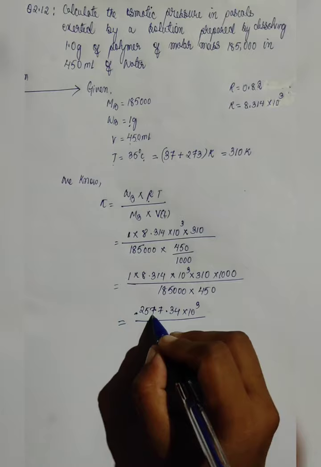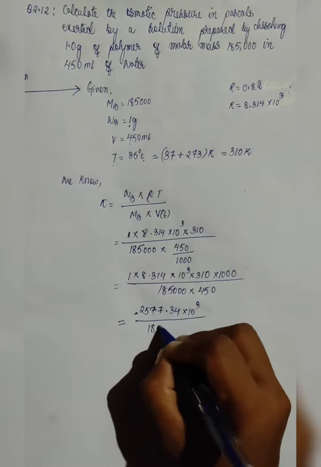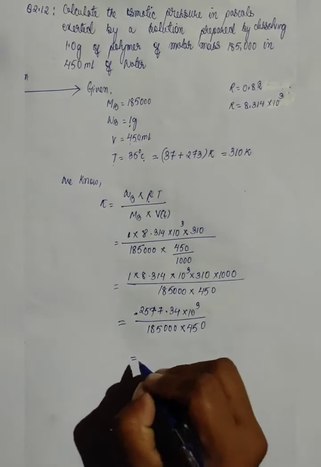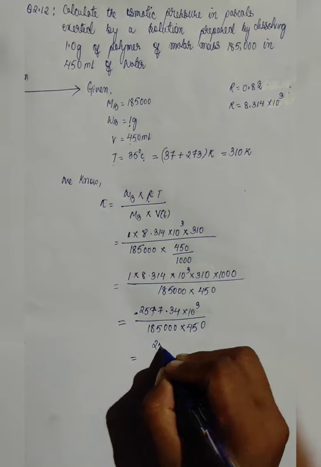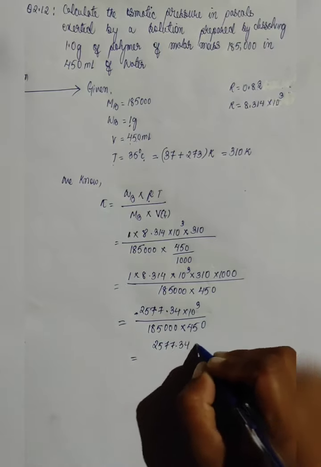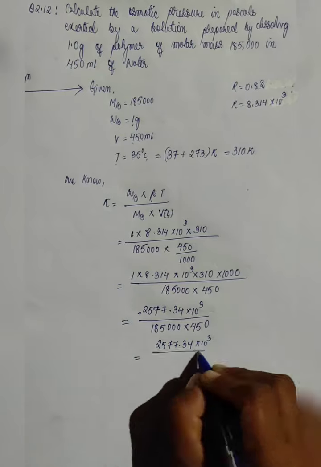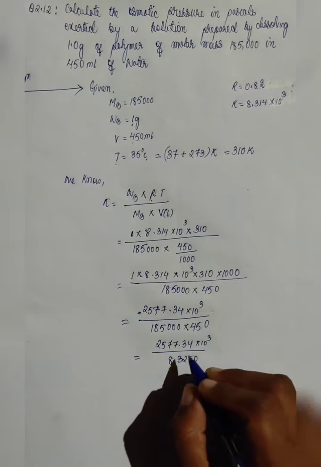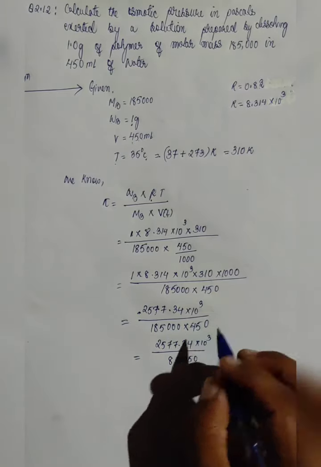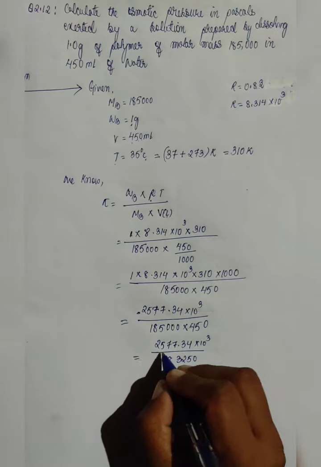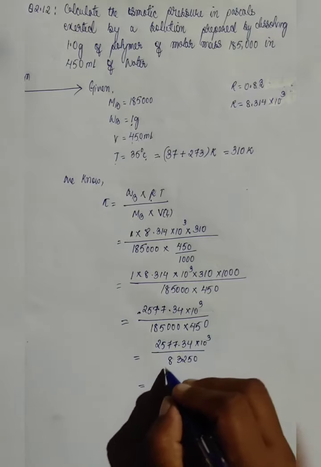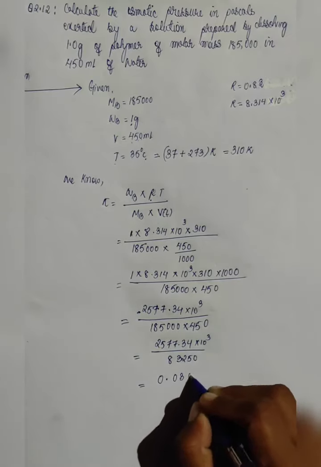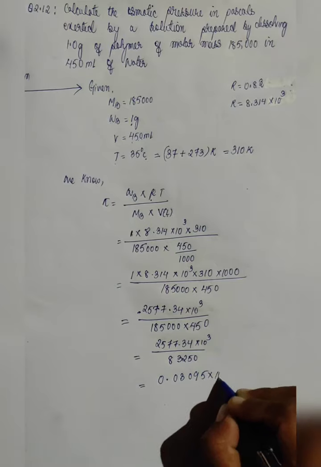Upon multiplication, 185,000 into 450, you will get 83250 divided by it. So when you divide it, you'll get the value into 10 to the power 3.